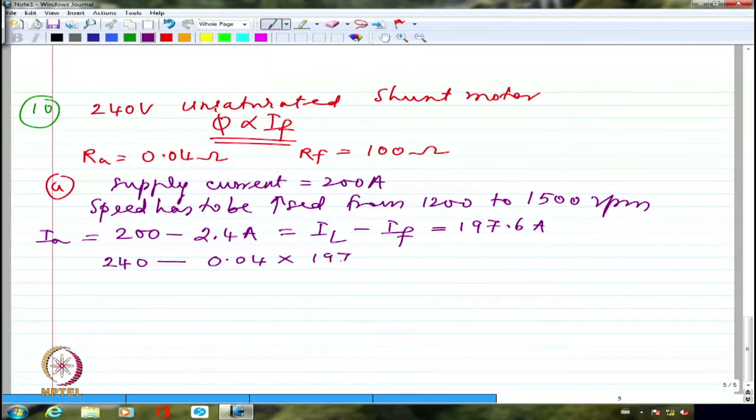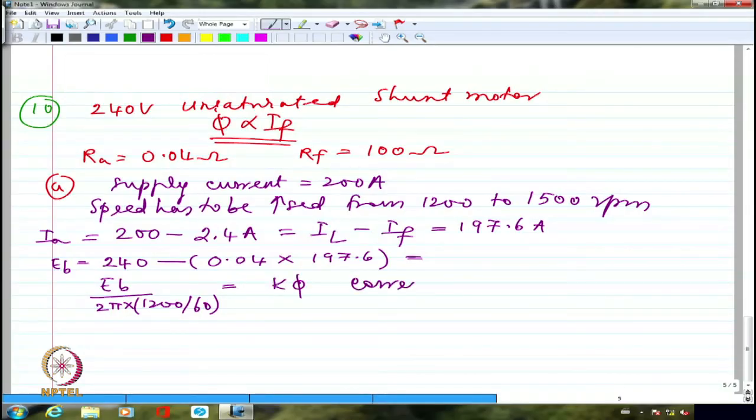So 197.6. This is going to be my EB. Right? So once I get my EB, I would be able to get my K phi or K times IF, whatever. So speed, that is EB divided by 2 pi into 1200 by 60 will give me K phi corresponding to 2.4 ampere of IF.